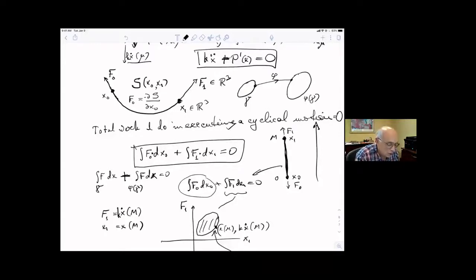Maybe with a minus sign. And so everything goes to this S. If we know S, we know the forces, and we know the mapping phi. So this is from the physical world.